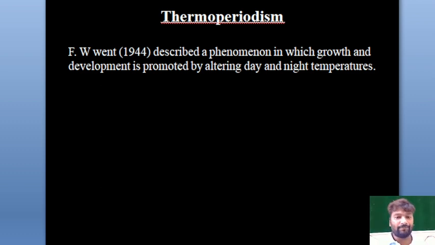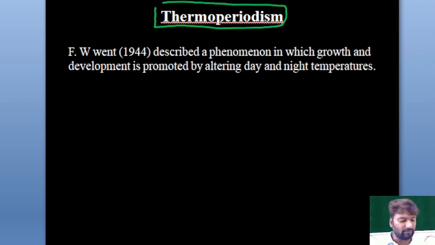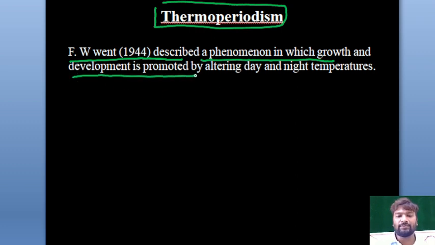Now come to the third pathway, that is very important, thermoperiodism. So F. W. Went in 1944 described a phenomenon in which growth and development is promoted by alternating day and night temperatures.